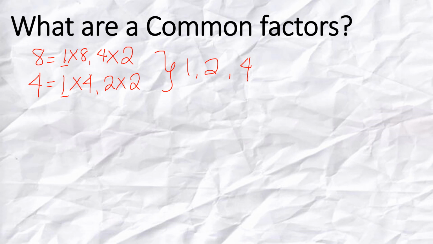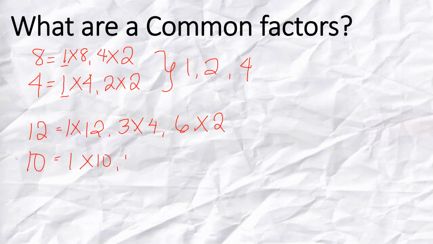Another, if we have 12 and 10, we will list down the factors of each number. So we have 12: 1 times 12, 3 times 4, and 6 times 2. For 10, we have 1 times 10 and 2 times 5.